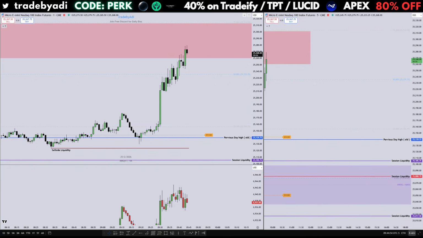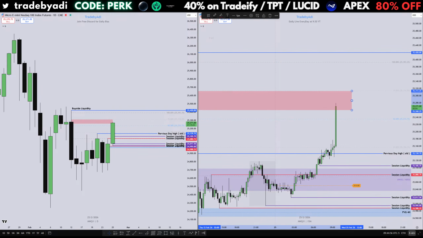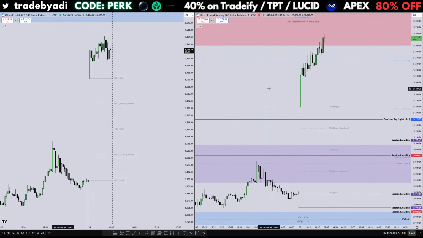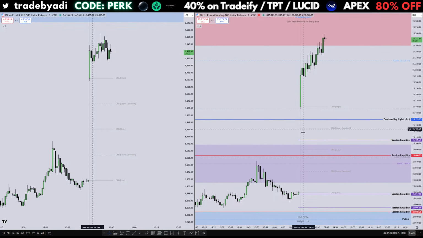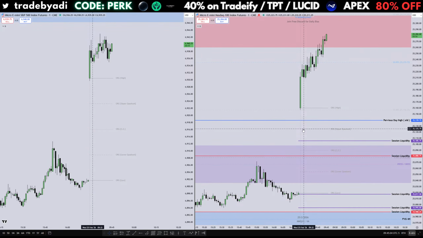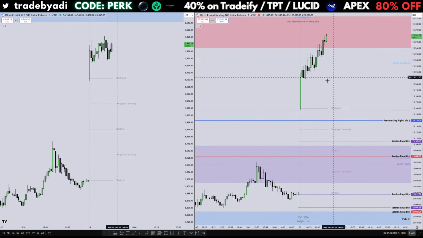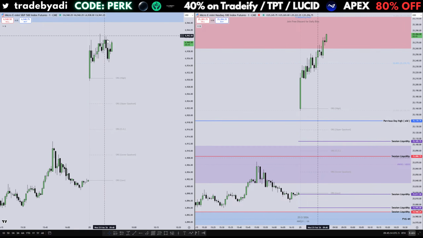Let's wait for the micro. And also we don't even tap this 25% level on both the ORG. And see, even though we were having SMT with ES, there is no fair value gap over here.